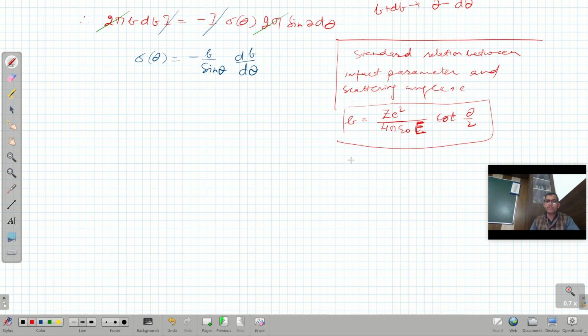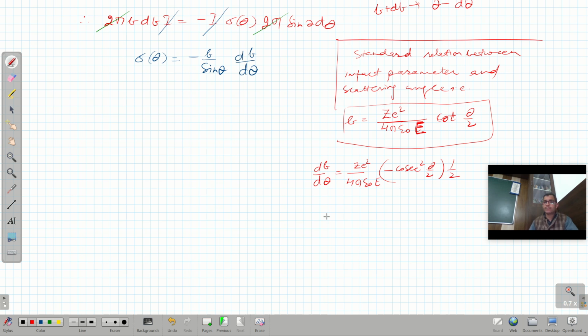If I use this relationship, then I can calculate db over dθ, which is basically the derivative of this one. So it is Ze² over 4πε₀E times minus cosecant square θ/2 into 1/2.